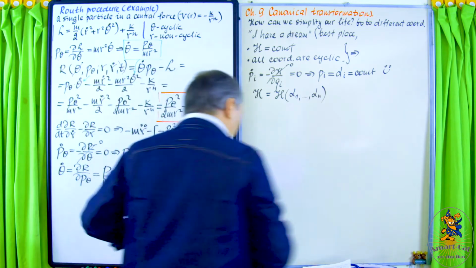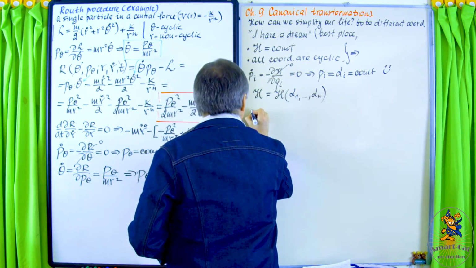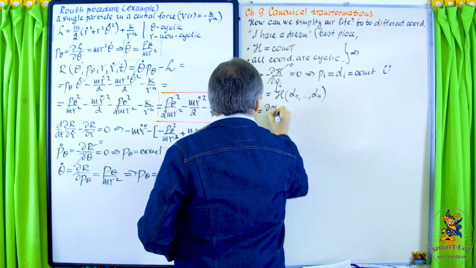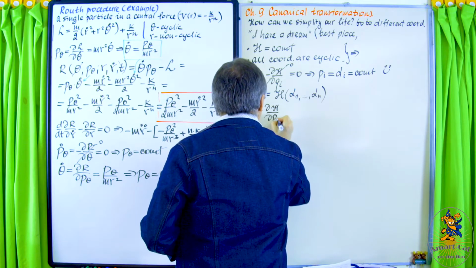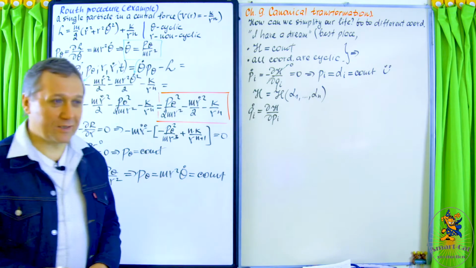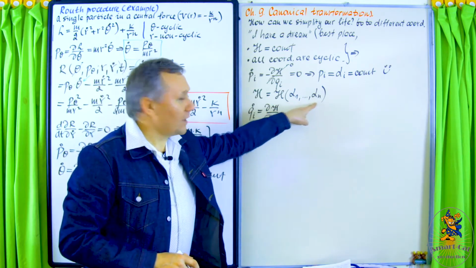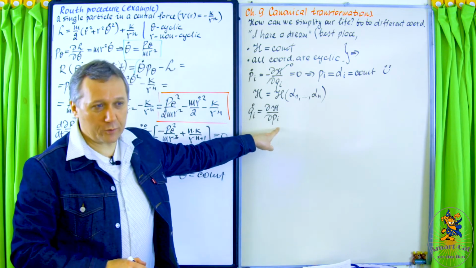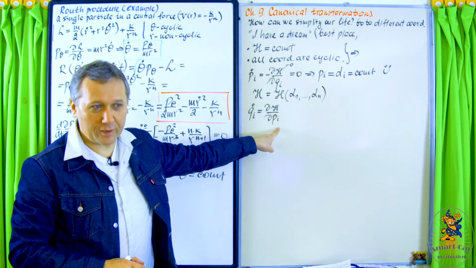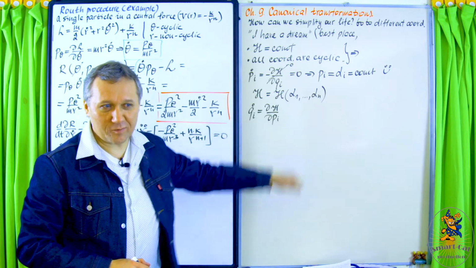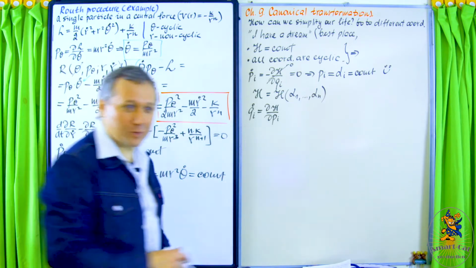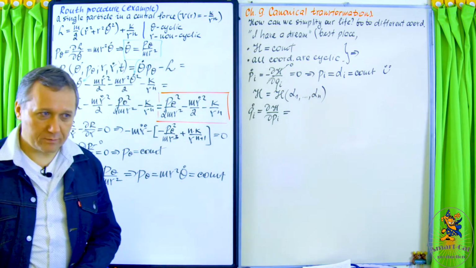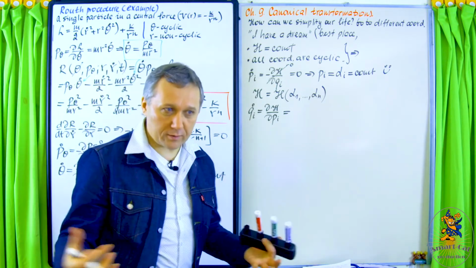Now what about the other equation? Hamilton's equation: q_i dot equals the partial derivative of H with respect to p_i. Basically, we differentiate the Hamiltonian, which is full of these constants, with respect to one of those constants. What are you going to get? Another constant. Of course it will be some complicated construction, but anyway, it will be a constant.